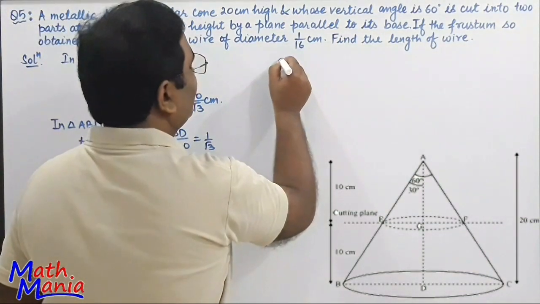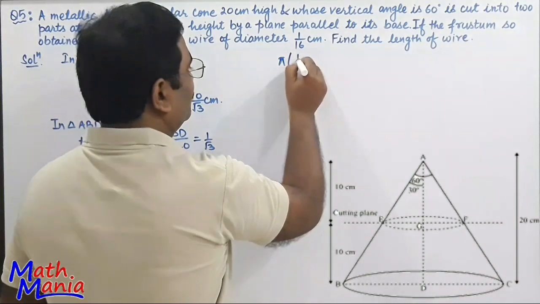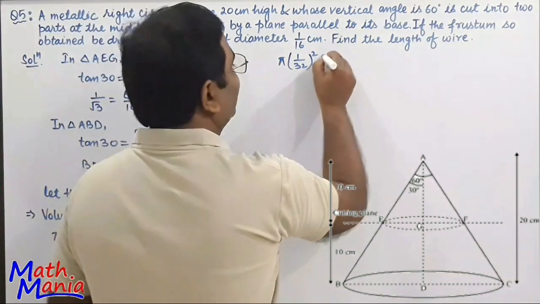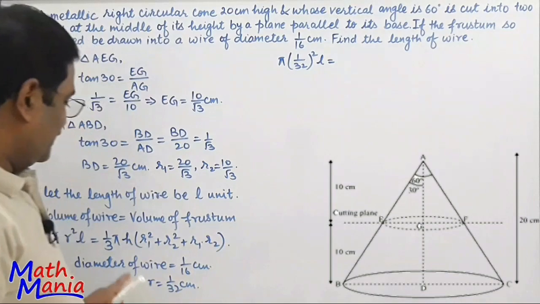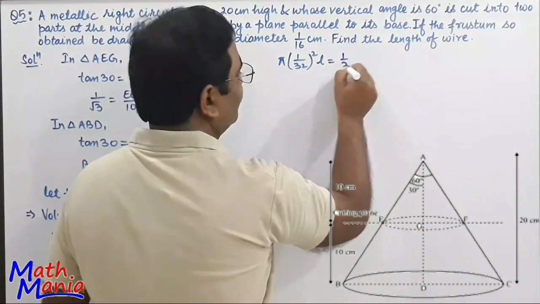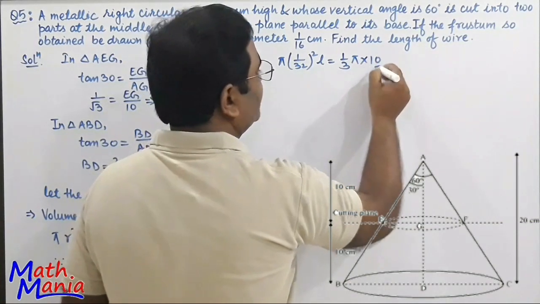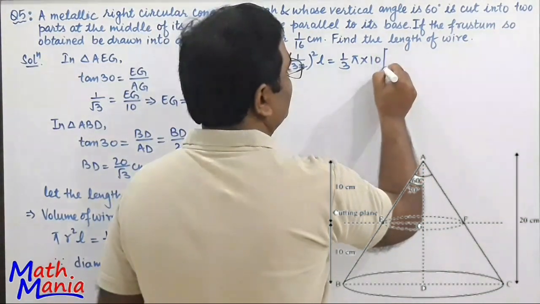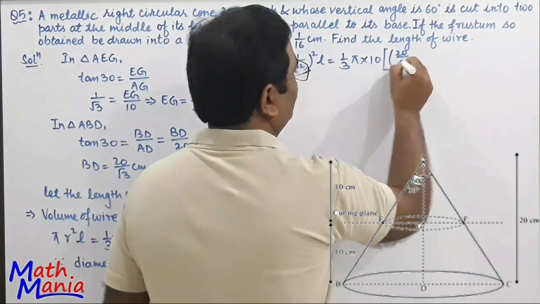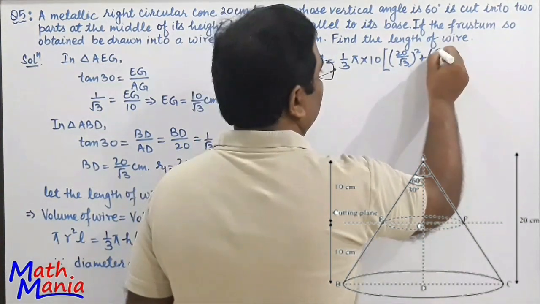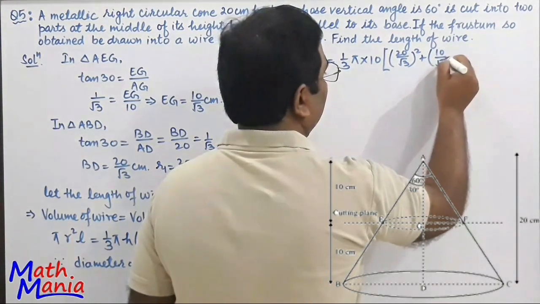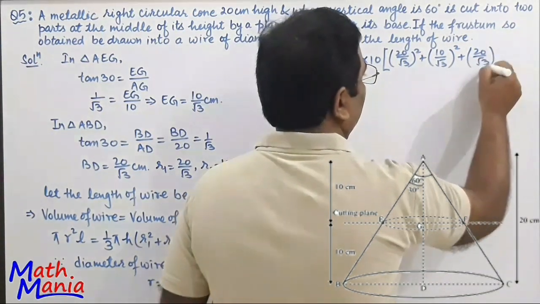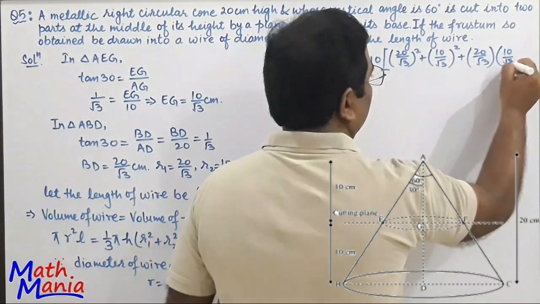Pi into r square, (1 upon 32) square, multiplied by the length of wire which is required, is equal to 1/3 pi into height 10 centimeter of this frustum, multiplied by r1 square which is (20 upon root 3) square plus r2 square (10 upon root 3) square plus r1, 20 upon root 3, multiplied by r2, 10 upon root 3.